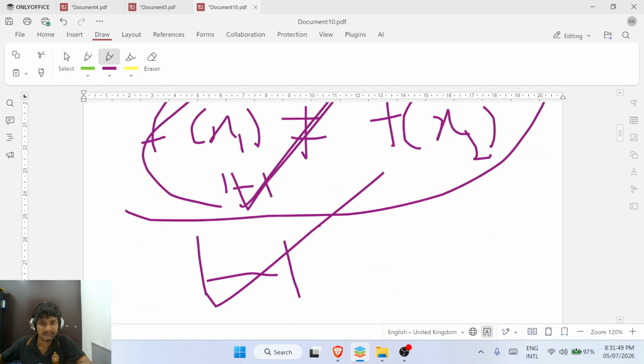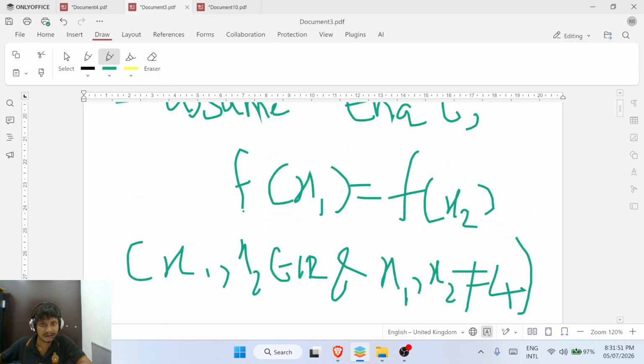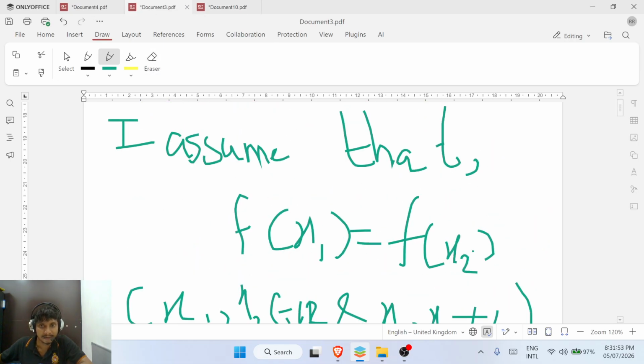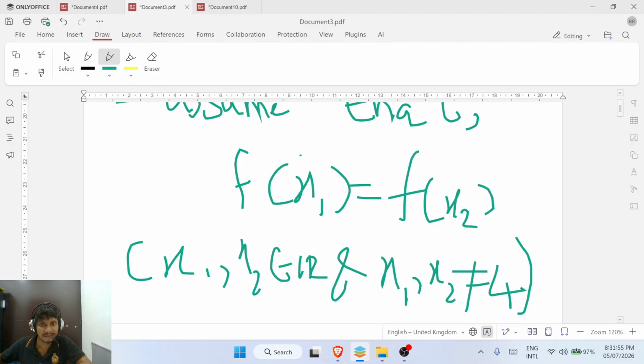Therefore, I assume that f of x1 is equal to f of x2. They are the values in the domain, in the x-axis. I mentioned that x1 and x2 have the same value for f of x.